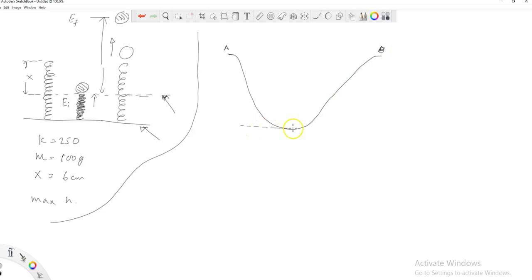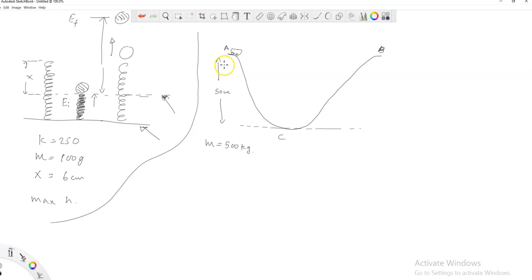This is ground level, C. Now the roller coaster cart starts here. Let's say this is 50 meters tall, and this roller coaster cart is 500 kilograms.